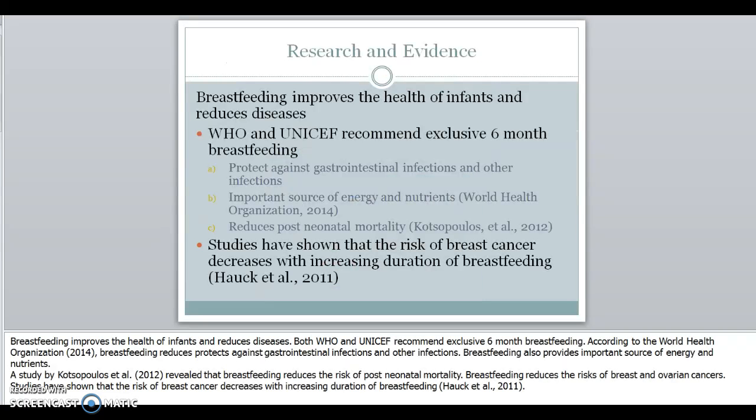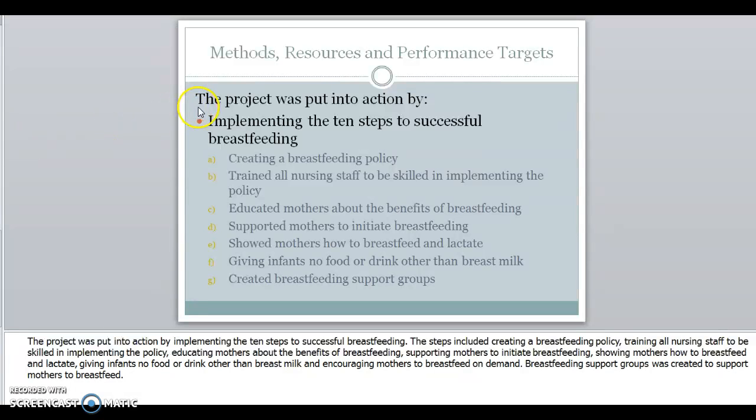The next one is the research, why this was done, and then you can talk about, in this area, you could basically just highlight your 2 journal articles and then talk about why they were chosen and why you think this was a good project to do. The next one talks about the methods.